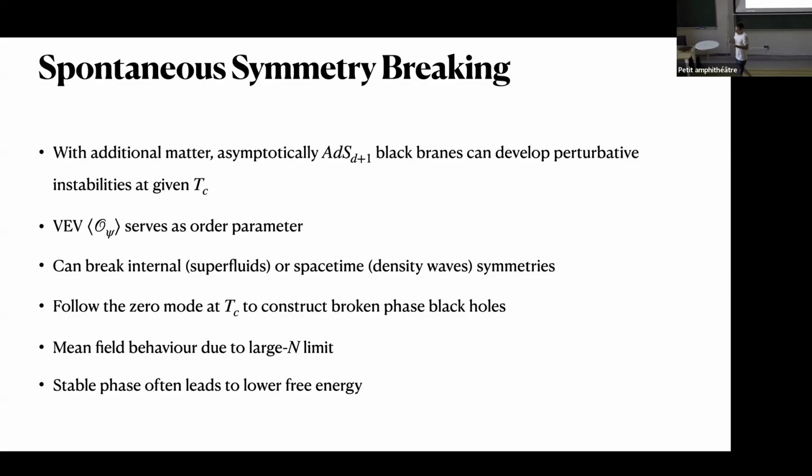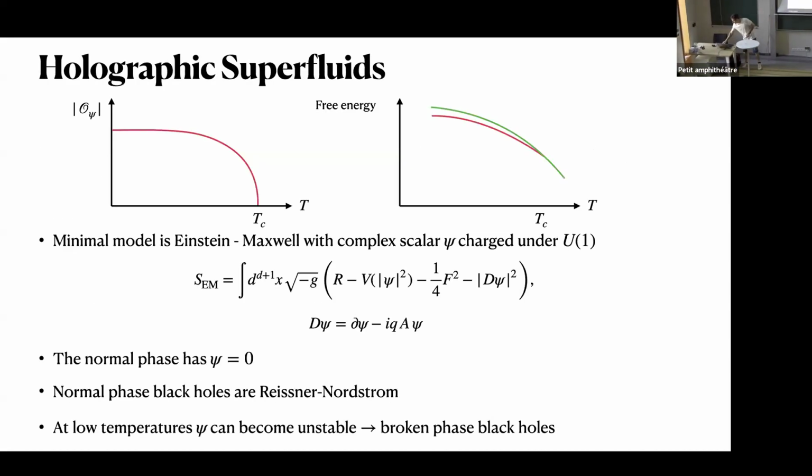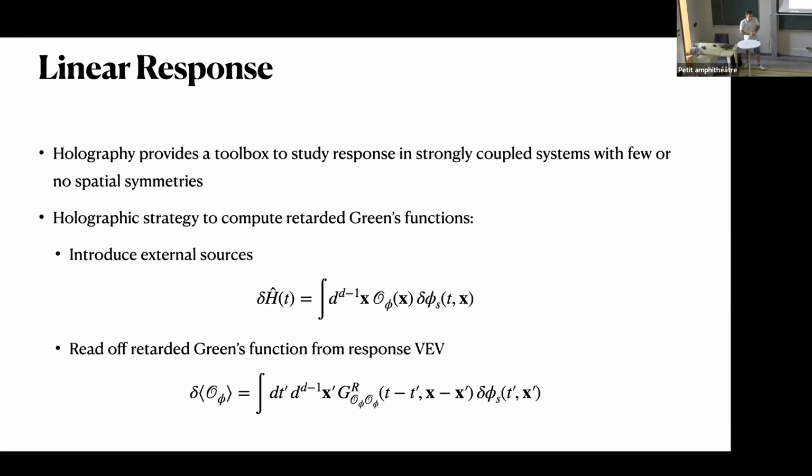So if you follow the instability and you find a new stable black brane solution, this is how you realize spontaneous symmetry breaking in holography. So it's like a bifurcation point. Below a certain temperature, you find two different solutions for the same boundary conditions that you fix. I don't want to talk about this too much. This is a model where you can realize symmetry breaking spontaneously.